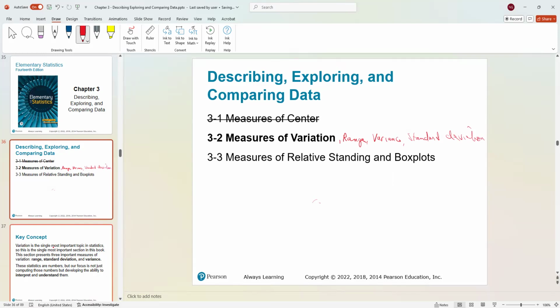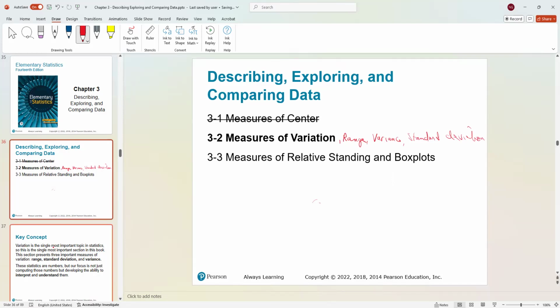So for these sections, we would develop the ability to measure variation in a set of sample data by finding values of the range, variance, and standard deviation. We will develop the ability to interpret values of the standard deviation by applying the range rule of thumb to determine whether a particular value is significantly low or significantly high or neither.